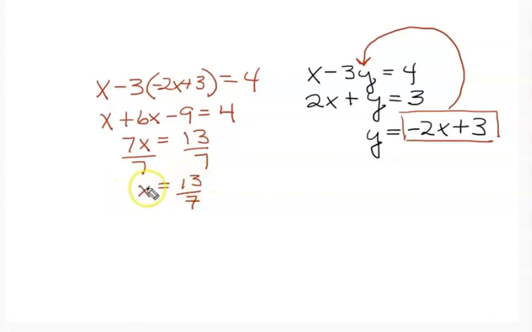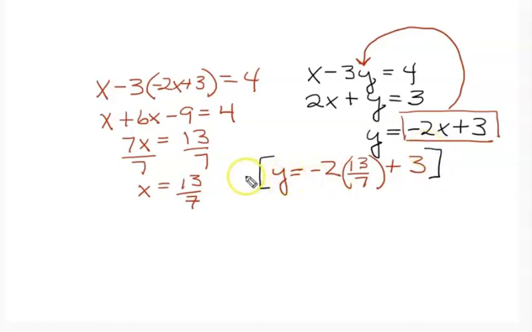Now, I have a value for x. I need a value for y. Well, in this equation here, I have y equals a negative 2, but I have that x now is 13/7 plus 3. Well, again, it's going to be easier if I get rid of that fraction. So I'm going to multiply everything by 7, and then I'll get my value here.